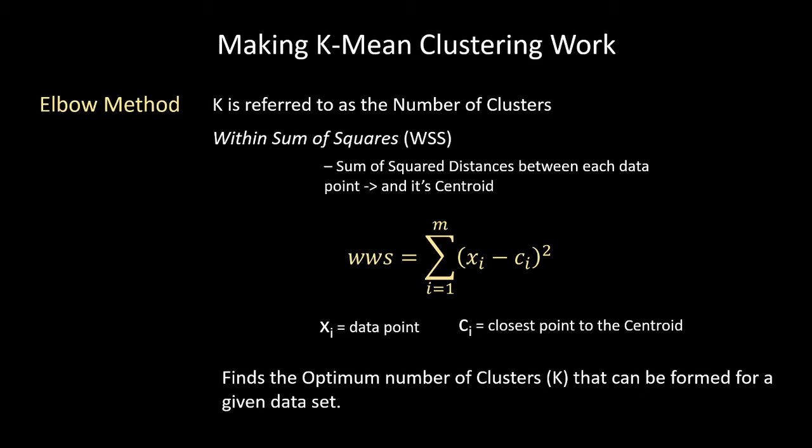Okay. And you'll see in our coding example that we'll do this at the very end, just to kind of confirm what we visually already understand is true based on our scatter plots. Okay. And you can use this really as a confirmation. Okay, so early on in your code, you can use the elbow method if you're really not sure.